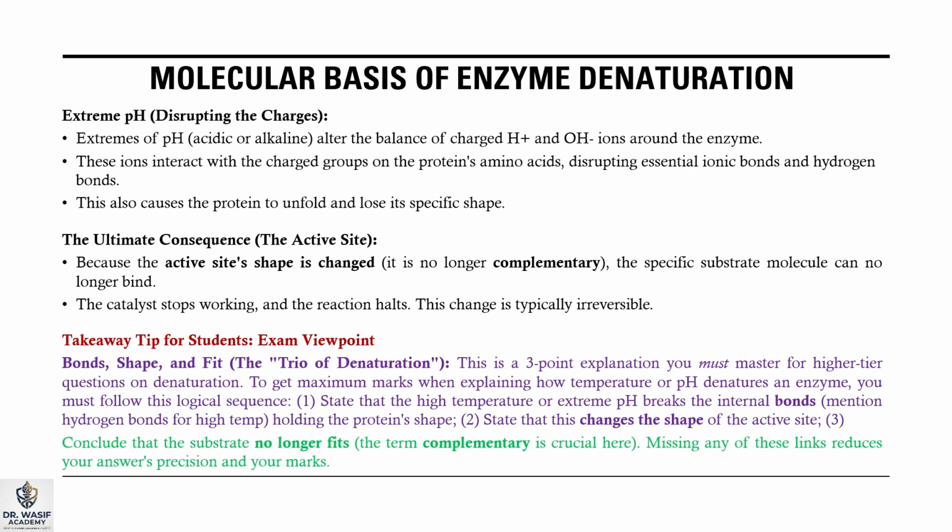State that this physical change alters the shape of the active site. And the third point is fit. Conclude your answer that the substrate no longer fits because it is no longer complementary. If you miss any of these three links, you miss the full marks. There's a chain of events. Make sure you tell the whole story perfectly.